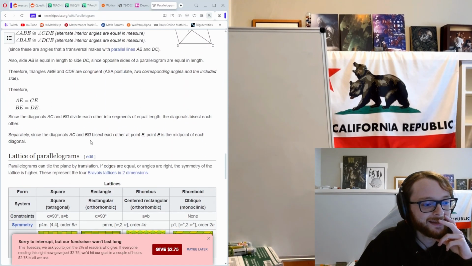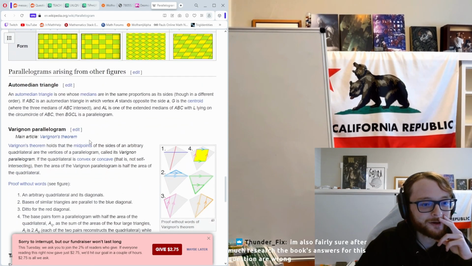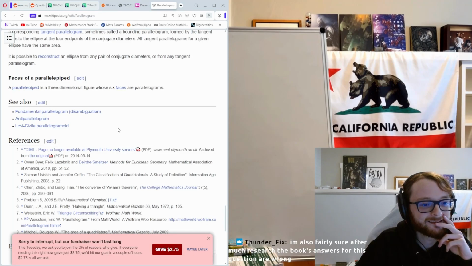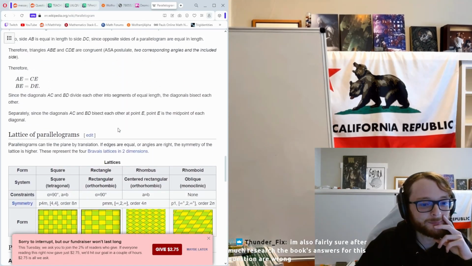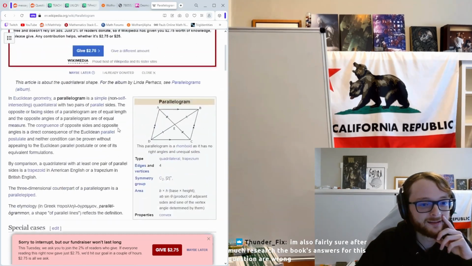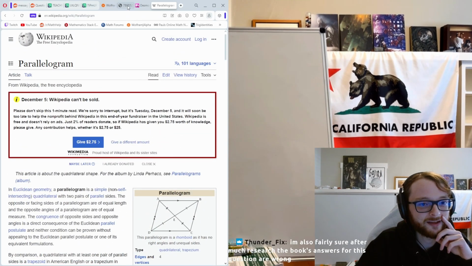The book's answer. Okay, what are the book's answers? Because that's going to help me figure out how to explain this, because I think there are two different definitions of parallelogram.